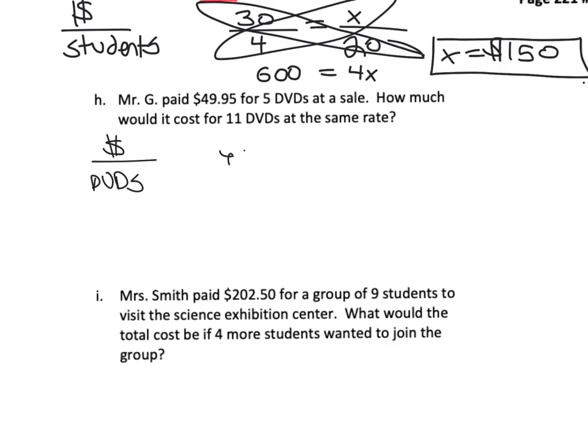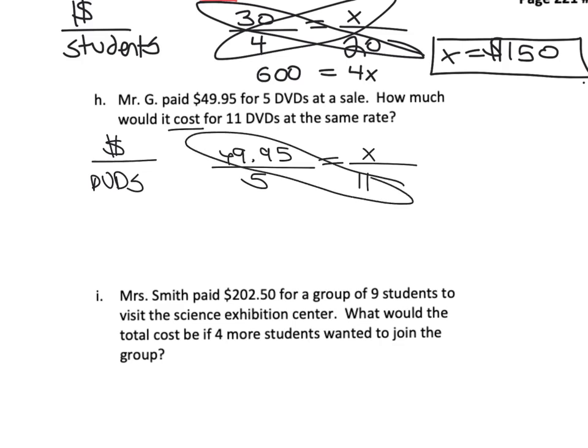So I've got $49.95 for 5 DVDs. And I'm going to set that equal to X because we're solving for the cost for 11 DVDs. Okay, so now we're going to go ahead and multiply across. $49.95 times 11 is $549.45.